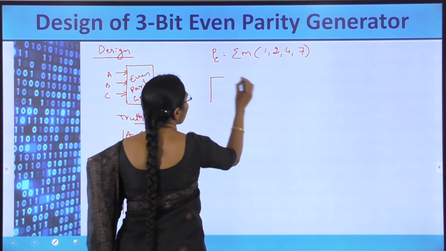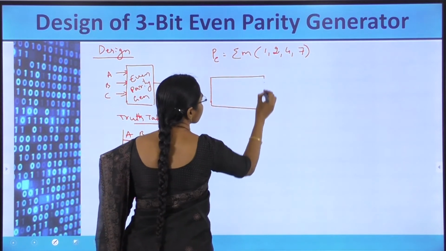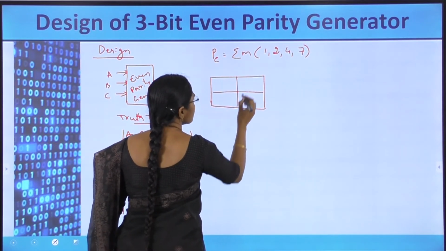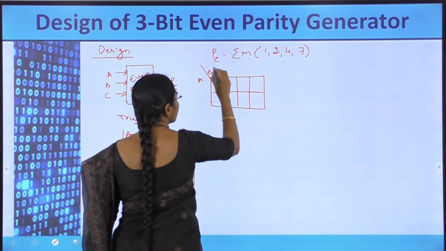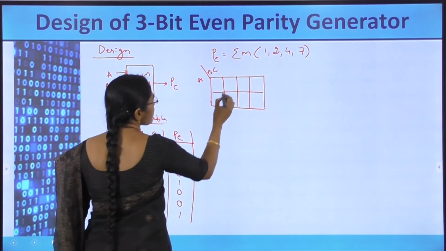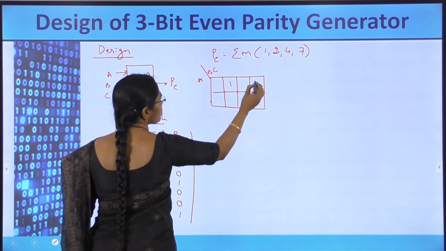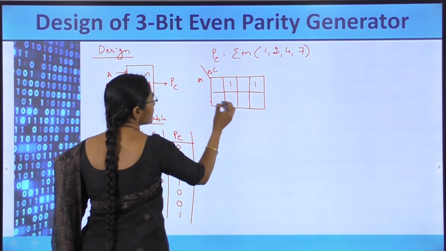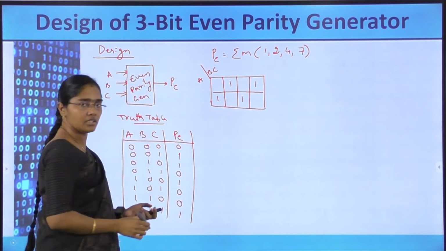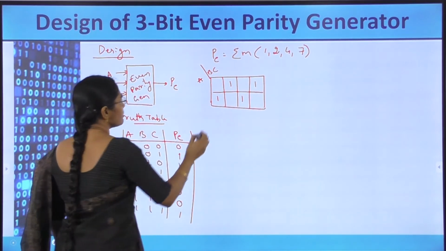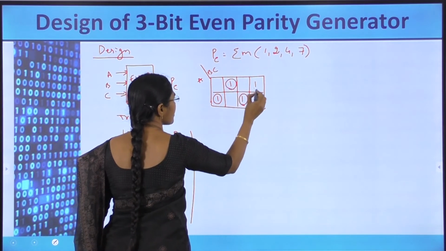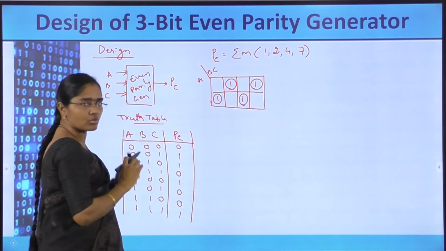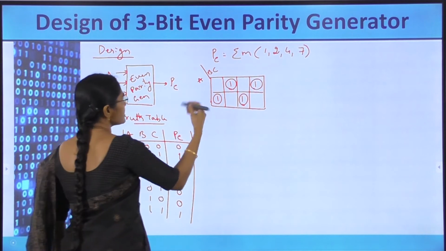Use the K-map for the simplification. Since there are 3 variables, it is a 3-variable K-map with ABC, and the given minterms are 1, 2, 4 and 7. If we try for grouping, no pairs and no grouping are possible, therefore only single terms.